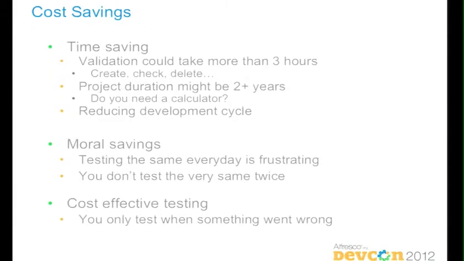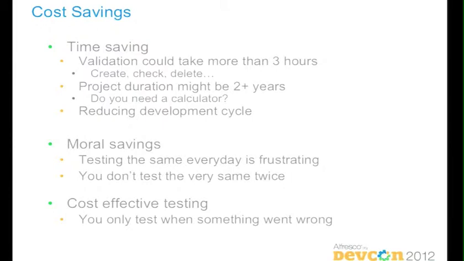So, in terms of saving, because we created everything for cost savings, not because we are freaks, okay? So we have time saving, of course, because we reduce the development cycle. Testing is part of the development cycle, but testing for us is automatic.